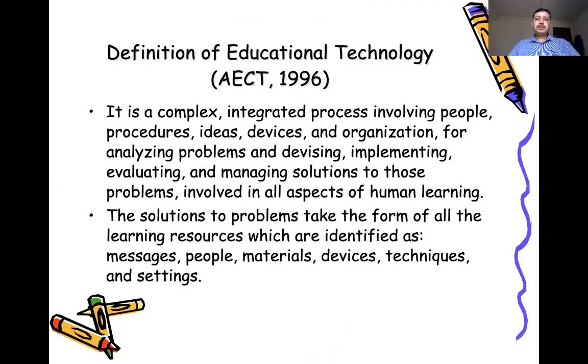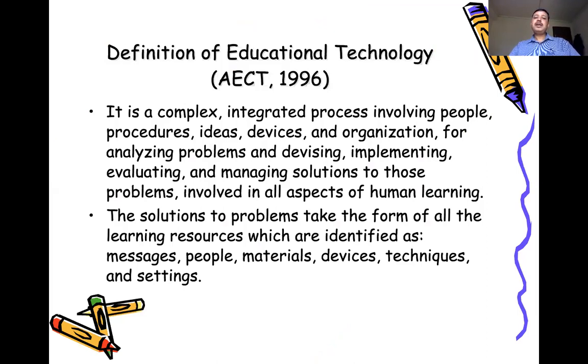The definition given by AECT in 1996 related to education technology: it's a complex, integrated process involving people, procedures, ideas, devices, and organization for analyzing problems and devising, implementing, evaluating, and managing solutions.